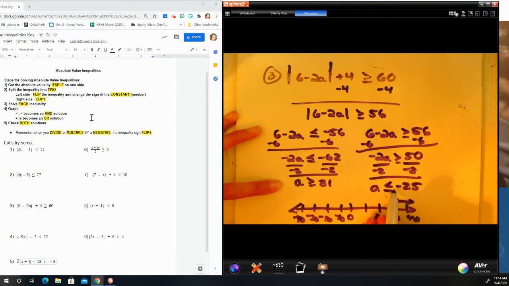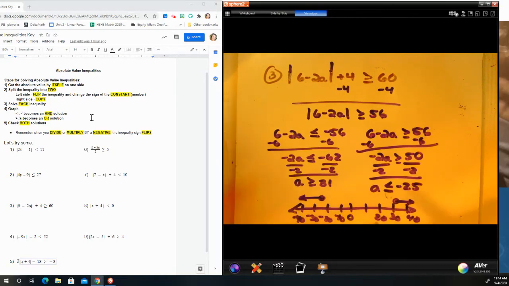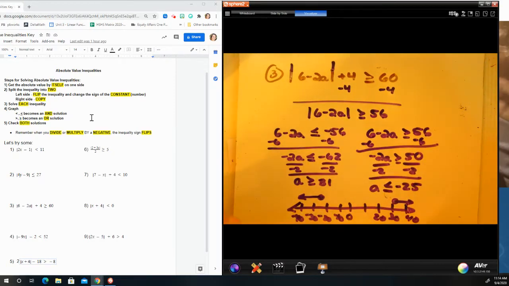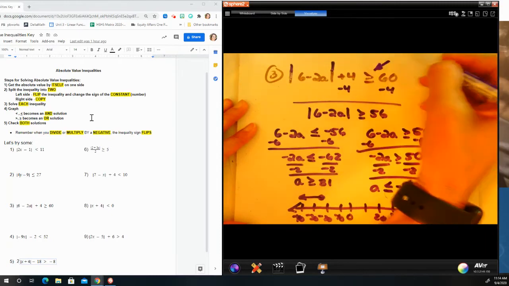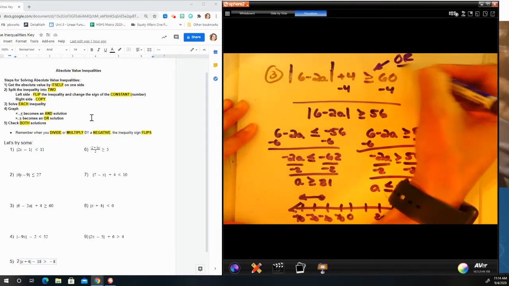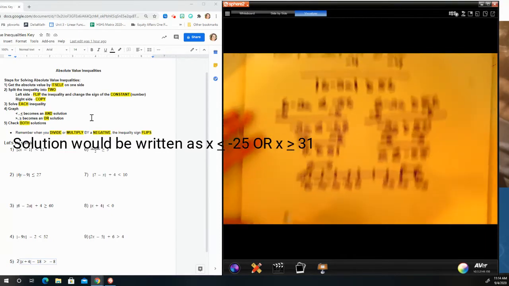And then less than or equal to negative 25, so right between negative 20 and negative 30, less than that. So this is an or because my arrows are going opposite directions. And if I look, this was a greater than sign, so that's great. Now I just want to check.